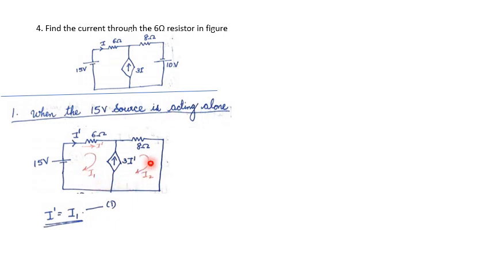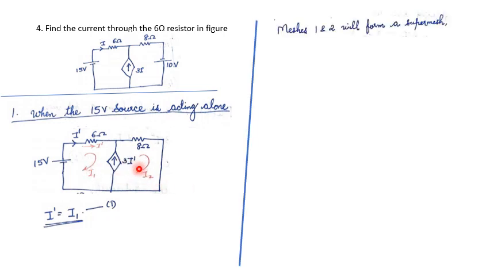So we can write I2 minus I1 is equal to 3I dash.